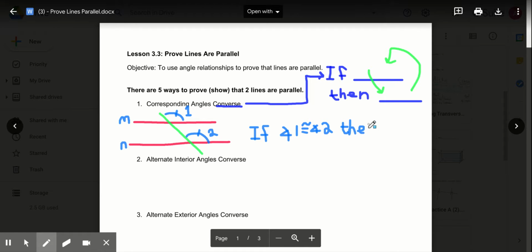In the last video, we were talking about, when you have parallel lines, the corresponding angles are congruent. Well, this allows us to go backwards. If angle 1 is congruent to angle 2, then M is parallel to N, right? All those theorems we learned in the last class were predicated on the idea that the lines were parallel.